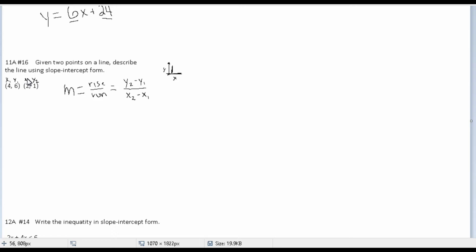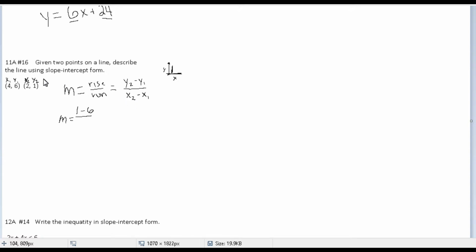I don't know if I made that one clear enough. Alright. So now we have 4 numbers, our x1, y1, x2, y2, and that's what we're going to plug in right here to figure out our slope. So our y2 is 1 minus our y1, which is 6.